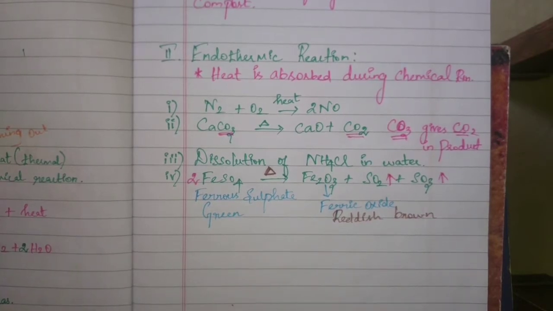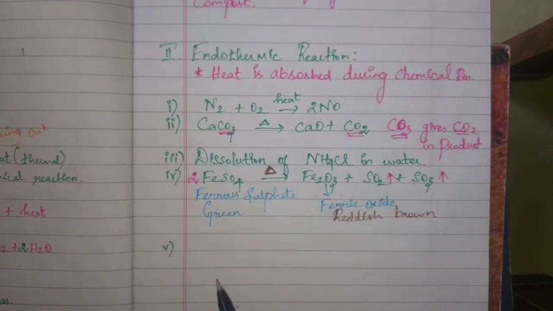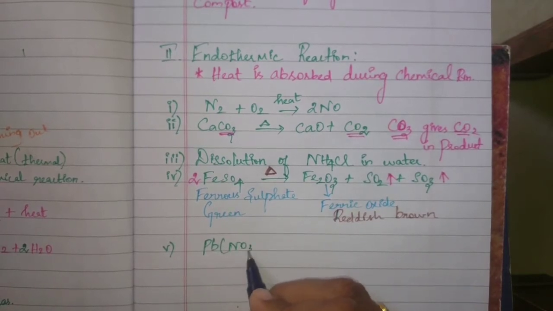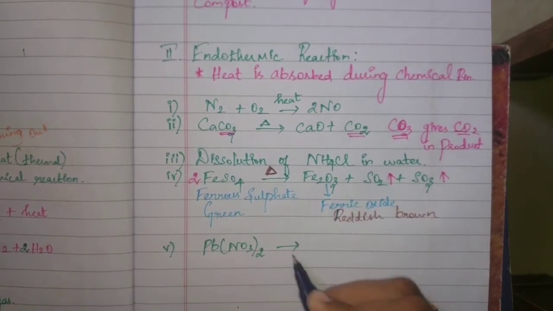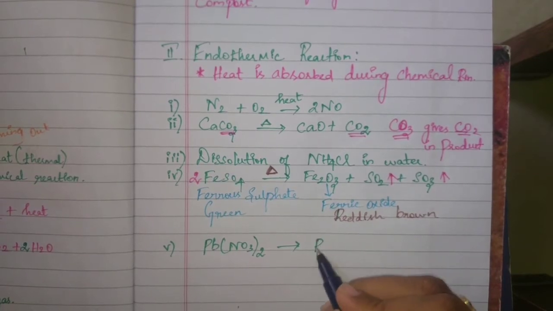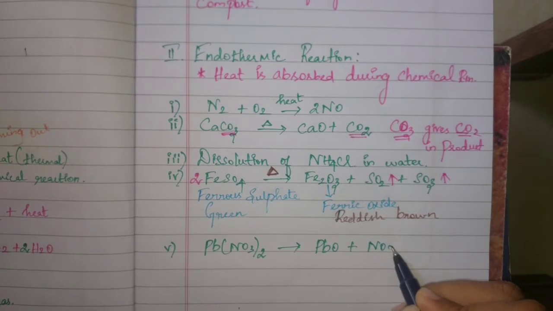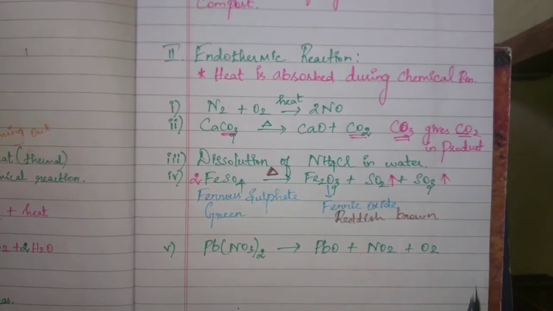Next, fifth example, decomposition of lead nitrate. This is also example of endothermic. PbO plus NO2 plus O2.